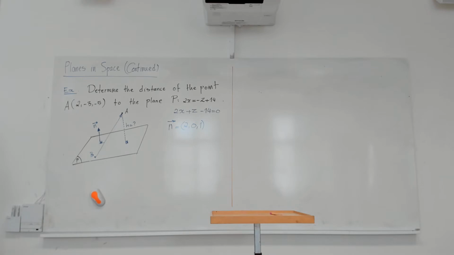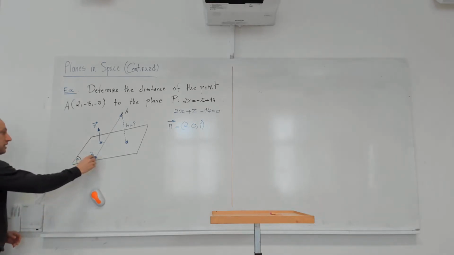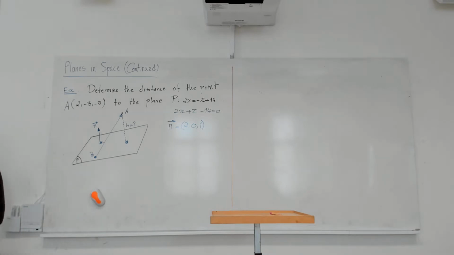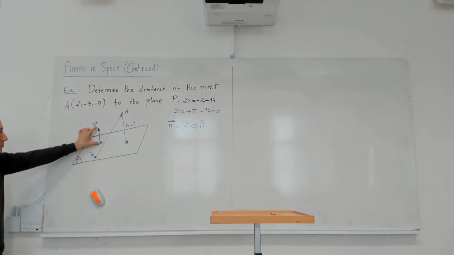I heard about projection, so that's correct. So projection of what onto what? That needs a little bit of demonstration, because this random point that I choose, you can also imagine parallel transport.